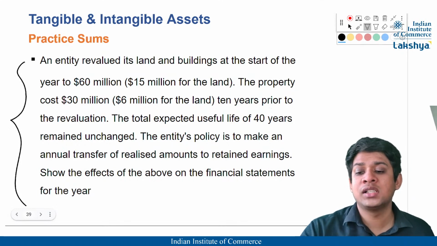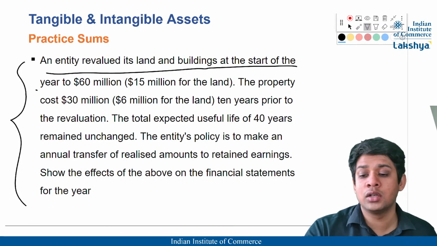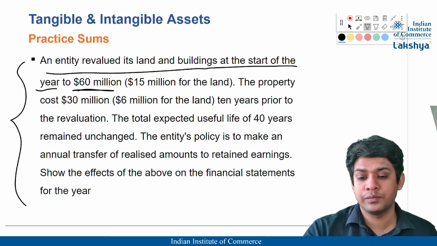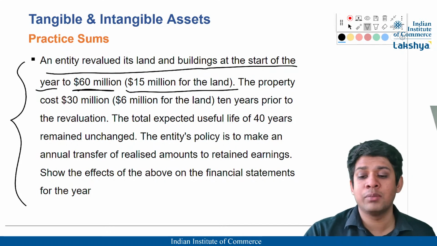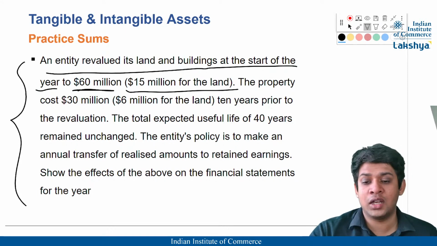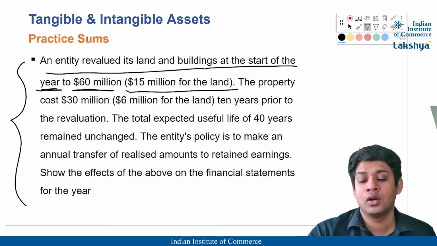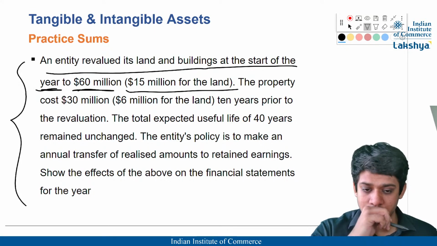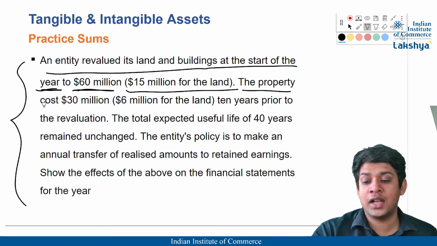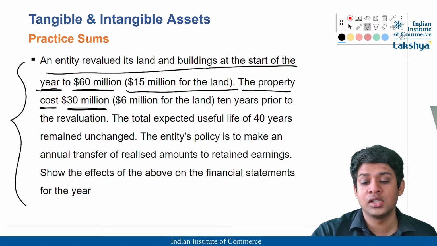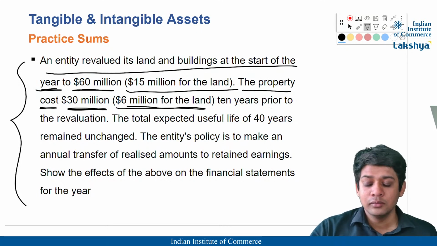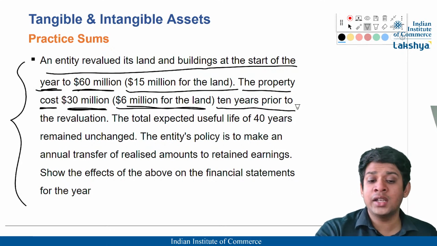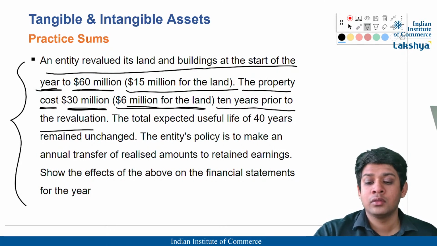An entity revalued its land and buildings at the start of the year to $60 million. Out of which $15 million belong to the land. That means to the building, the remainder is $45 million, and that is at the start of the year. The property, that is your land and building, had a cost of $30 million, from which $6 million belong to the land, and that means the remainder $24 million belong to the building 10 years prior to the revaluation.